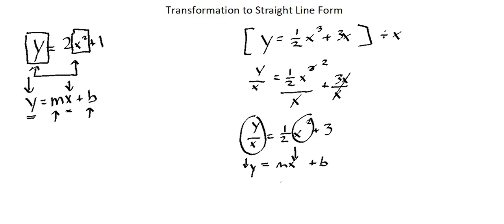And I have a value for m, or a slope, of 1/2, and a value for b, or my y-intercept, of positive 3. So now I have the linear relationship that represents the underlying function, y equals 1/2 x to the power of 3 plus 3x. That relationship is linear between y over x and x to the power of 2.